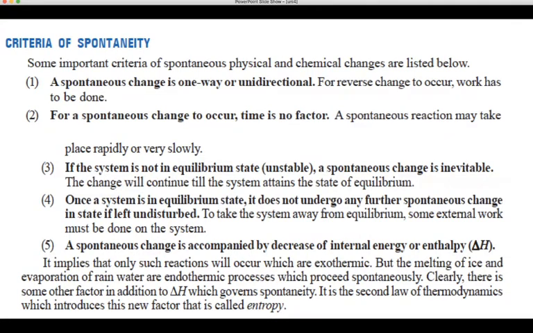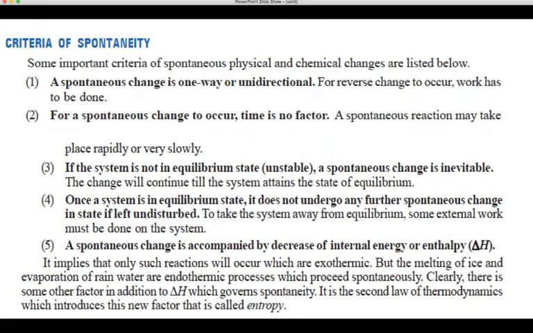So from one vessel to another, gas will transfer, or from one bowl to another, heat will transfer. These are the various factors affecting the spontaneous reaction. The first is that it is one directional, the second is that there is no time limit, and the third is that if the system is in non-equilibrium, then the phenomenon of spontaneous reaction takes place. If the system is in equilibrium, the phenomenon of spontaneous reaction will not happen.